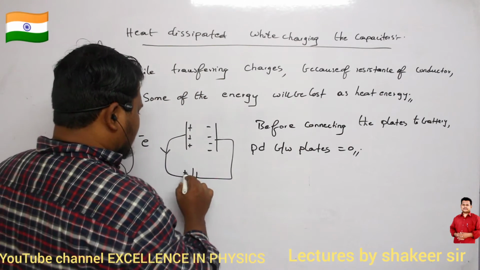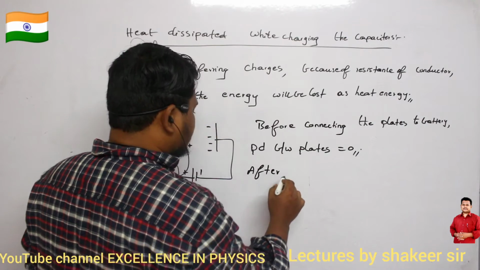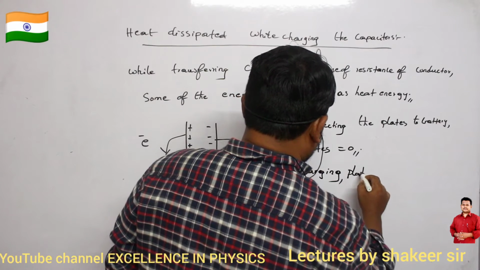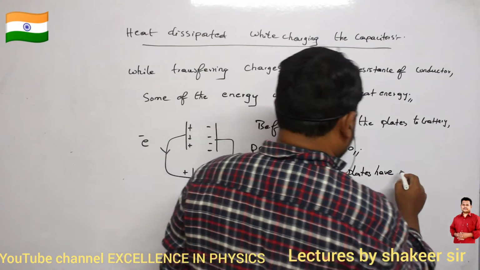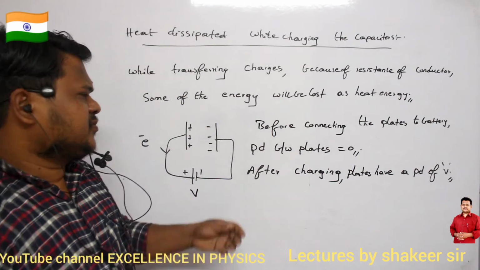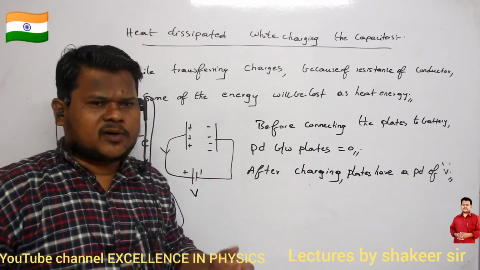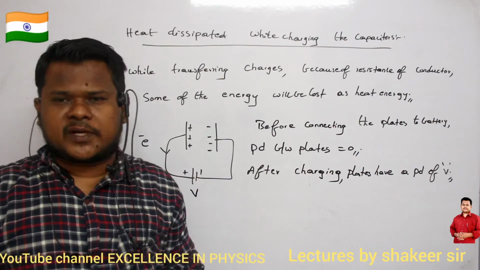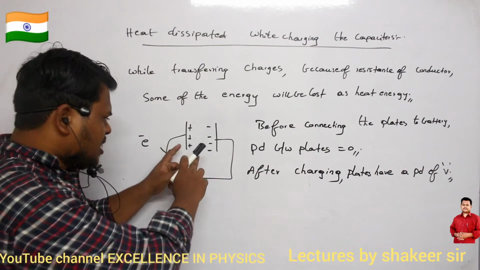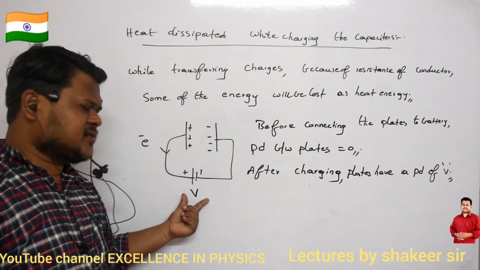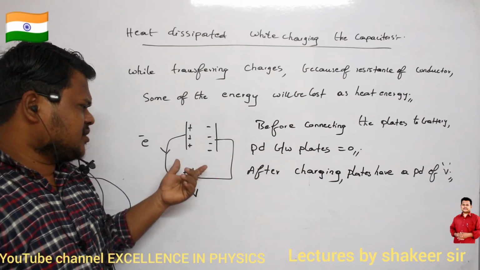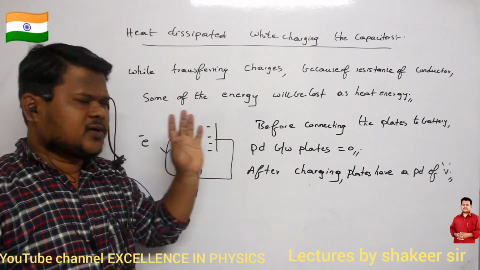After charging, the plates have a potential difference of V. Before connecting to the battery, the plates were uncharged, so there was no electric field and no potential difference between them. But after connecting them to a battery whose potential is V, the potential between the plates of the capacitor also becomes V.